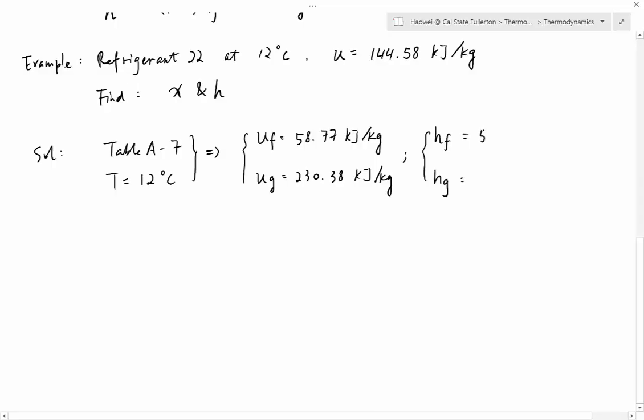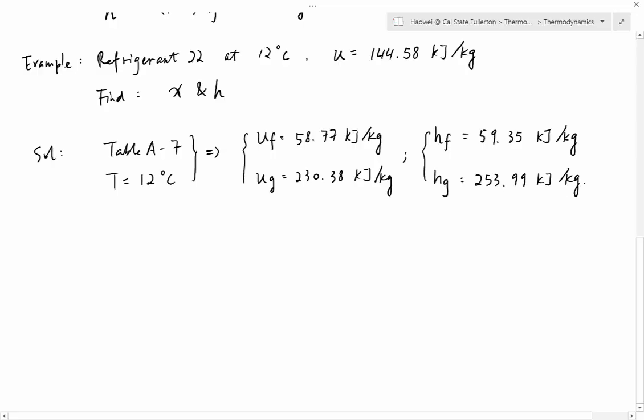The first one is 59.35, and do not forget to write the unit. And hg has a value of 253.99 kilojoule per kilogram. So now we can continue.